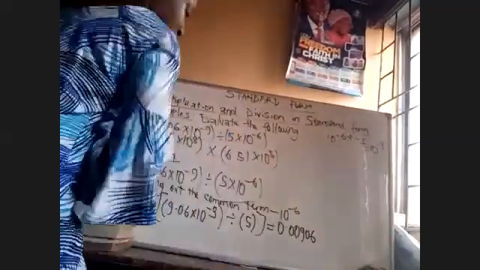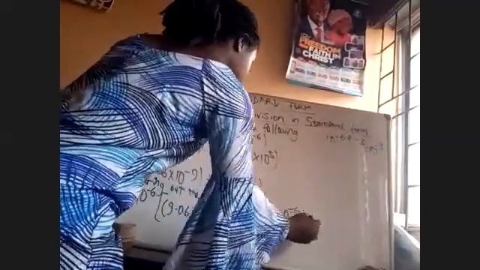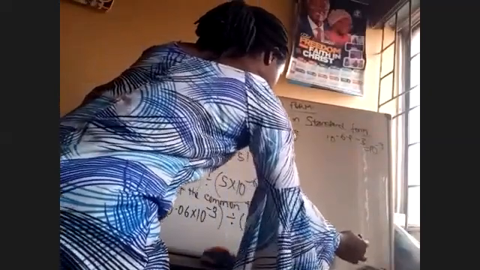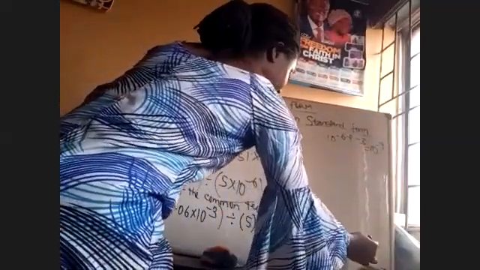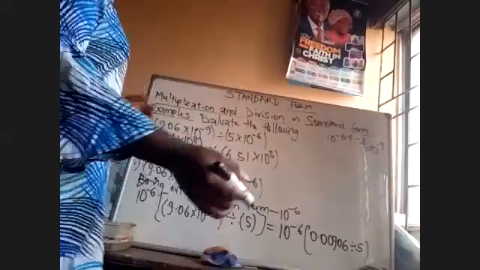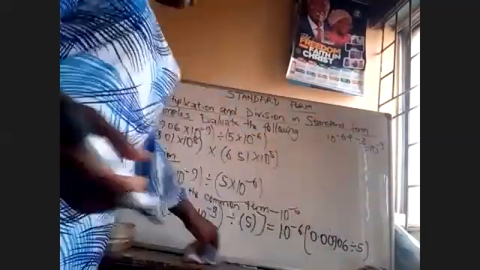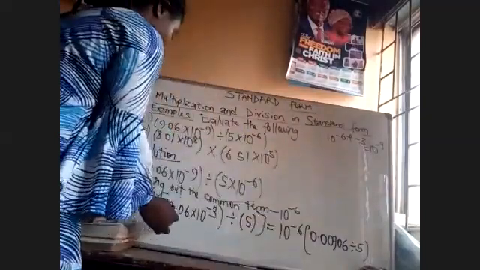So this gives us 10 raised to power minus 6 into 0.00906 divided by 5. So when we divide this, what do we have? Who can give me the answer?